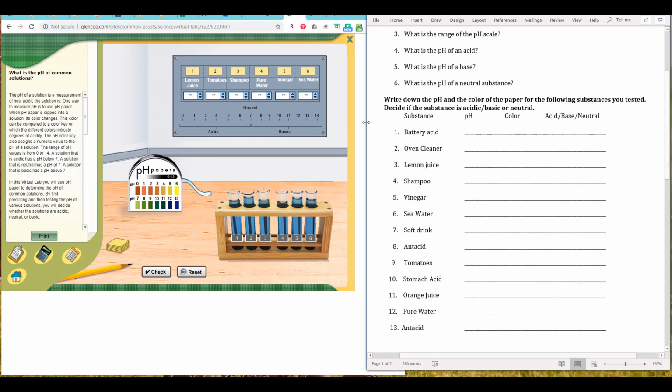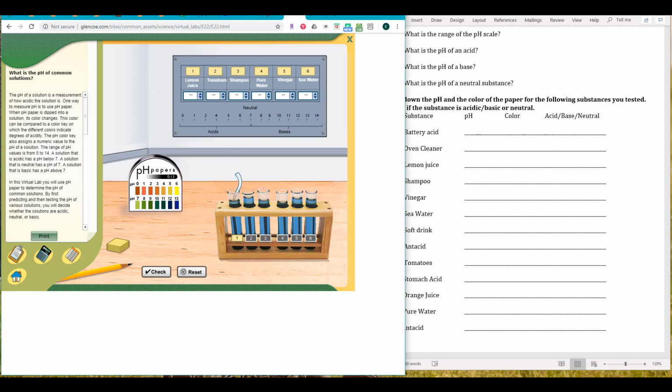Next it says, write down the pH and the color of the paper for the following substances that you tested. Right now we have lemon juice in 1, tomatoes in 2, shampoo in 3, water in 4, vinegar in 5, and seawater in 6.